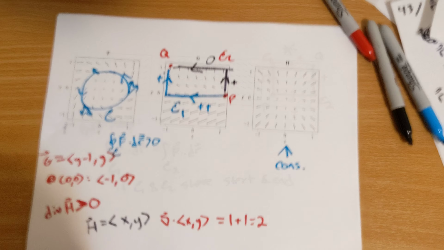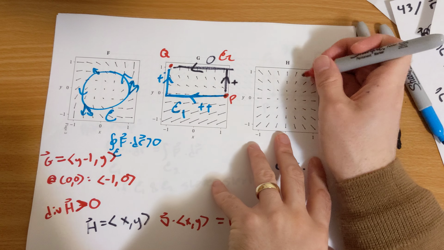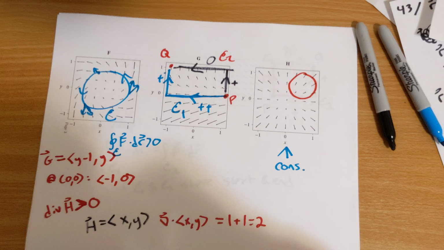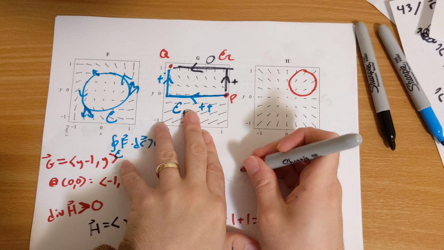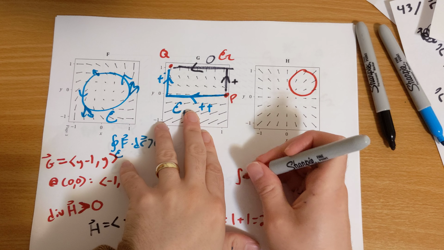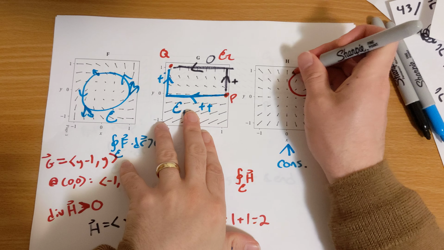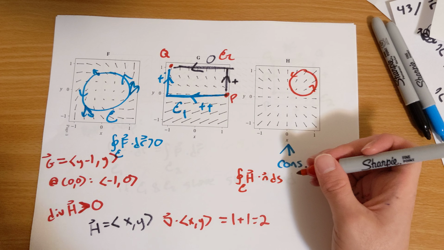For part B, we're asked, let C be this circle, a circle of radius a half centered at the point (1/2, 1/2). Is the 2D flux integral over C of H dot N ds positive, negative, or 0?